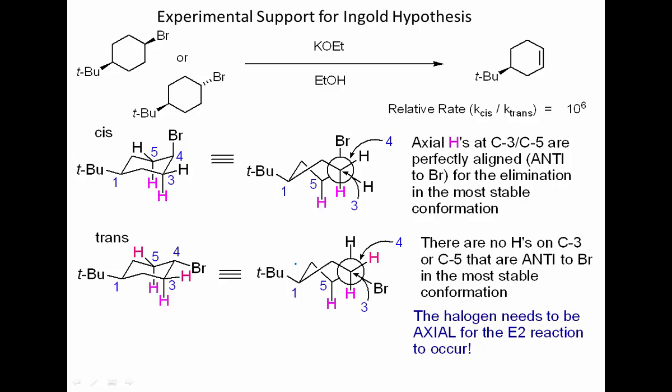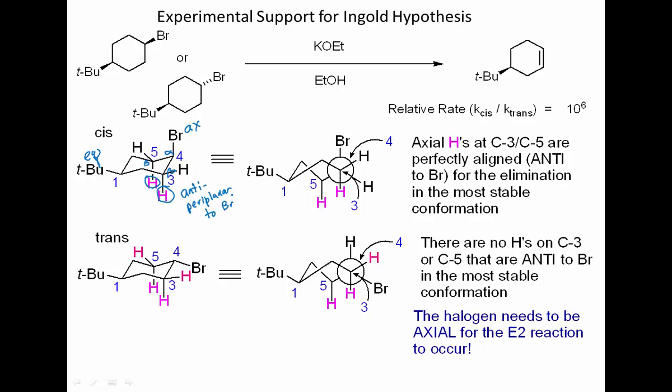So if we draw the cis isomer in its most stable conformation, we're going to see that bromine is axial, and t-butyl, of course, is always going to be equatorial. It's so big that it really can't be anywhere else. When bromine is axial, like it is here, and we look on the adjacent carbons, so we'll just call this one alpha, these here are both beta. We see C3 and C5 have hydrogens that are perfectly anti-periplanar to the bromine.